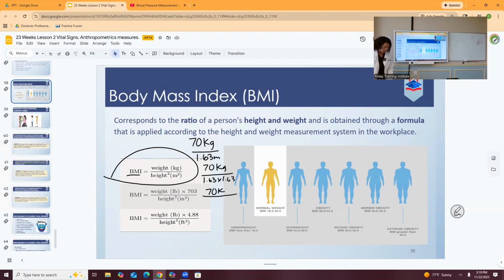That is 2.65. And this is equal to 70 divided by 2.65. It's 26.4. This is the answer. The BMI of the patient is 26.4.